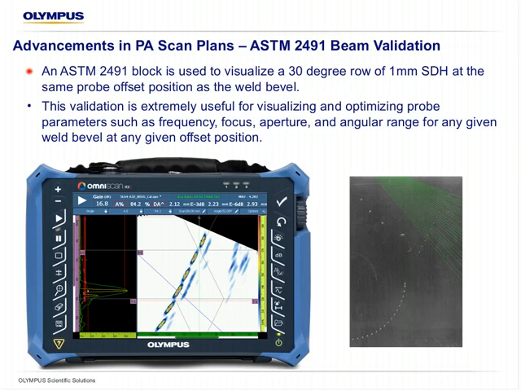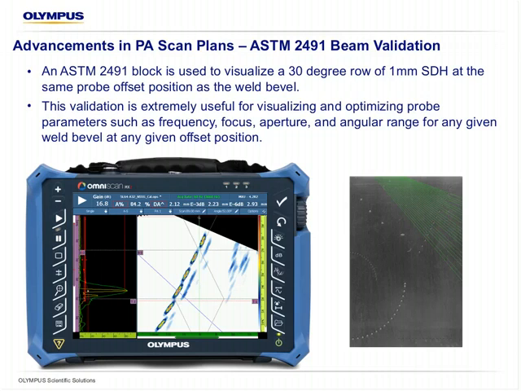This is a specification that doesn't give a go, no-go or a compliance tolerance, but defines some tools for determining the beam limits of any given setup. It's extremely useful for putting the probe at the inspection position on the index axis or offset position and simulating the weld bevel through your inspection.